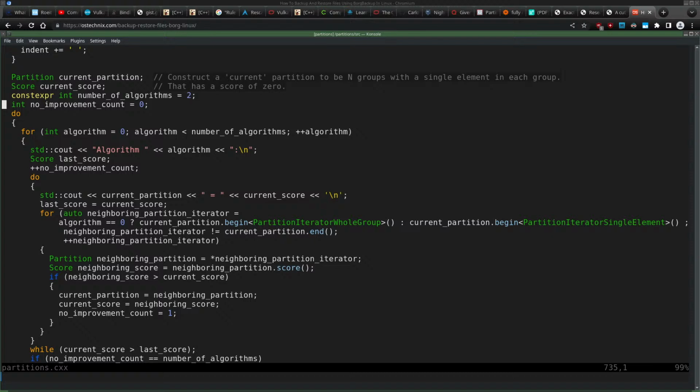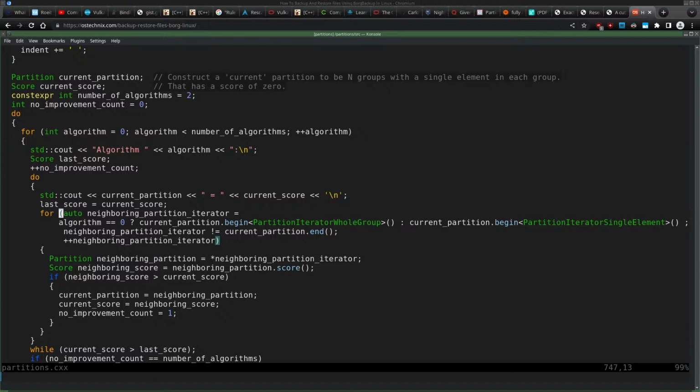Okay, now all those people that want to learn to code, help me with this. How can I make this for double loop stop as soon as a number of algorithms fail to improve it in a row? So this is the first loop, the second loop, the third loop and the fourth loop.